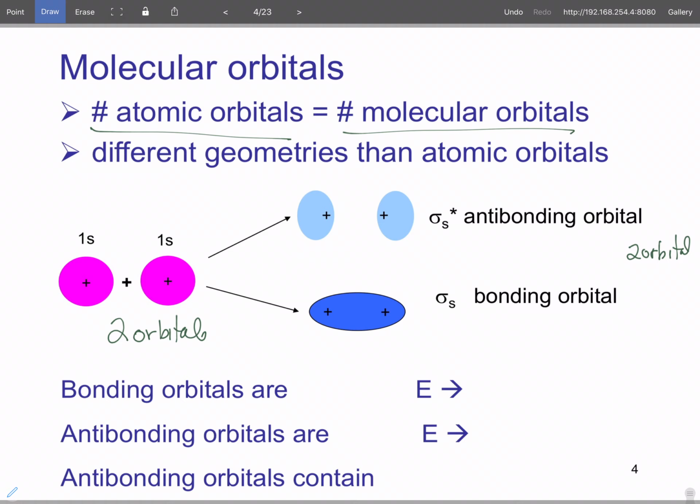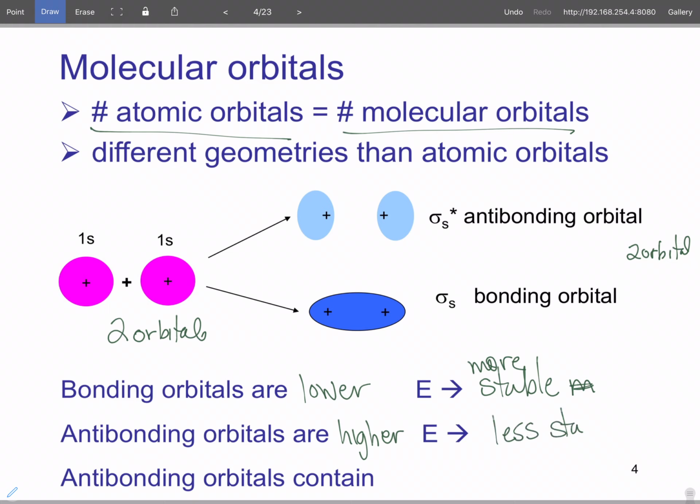Okay, so bonding orbitals are lower energy, so they're more stable. Because remember, the lower the energy, the more stable they are. Okay, antibondings are higher energy, and that means they're less stable.